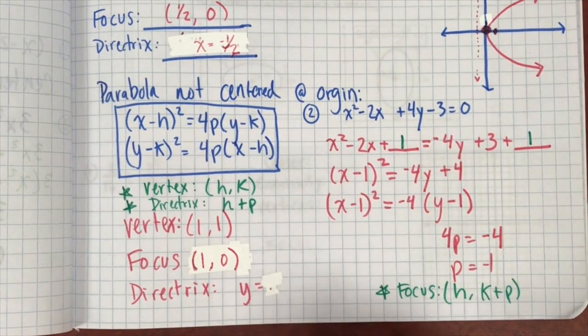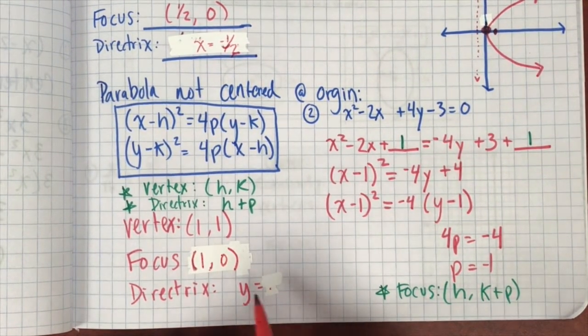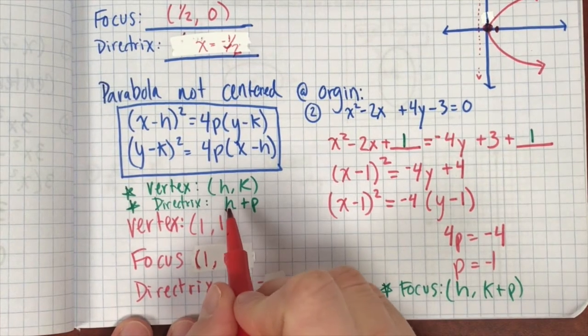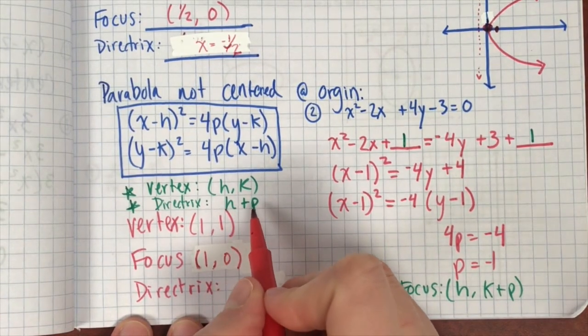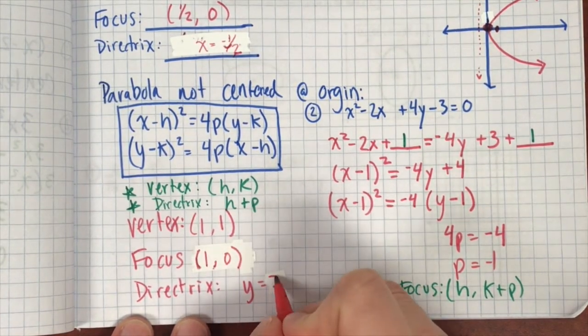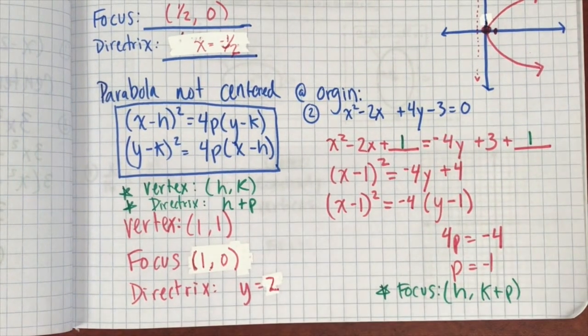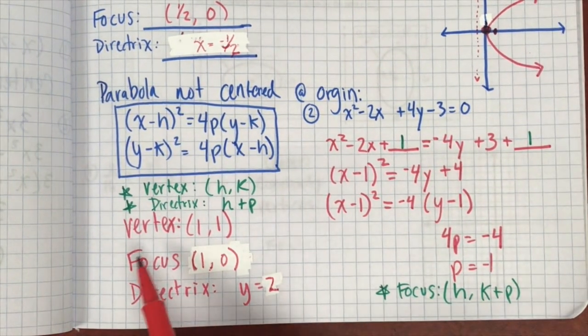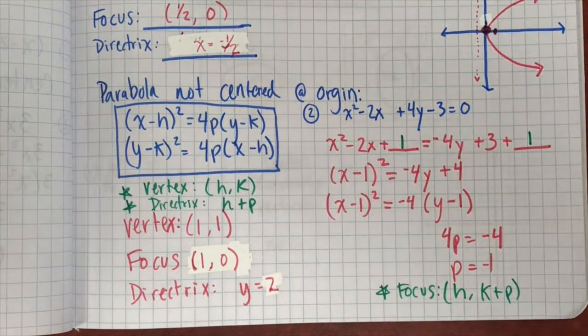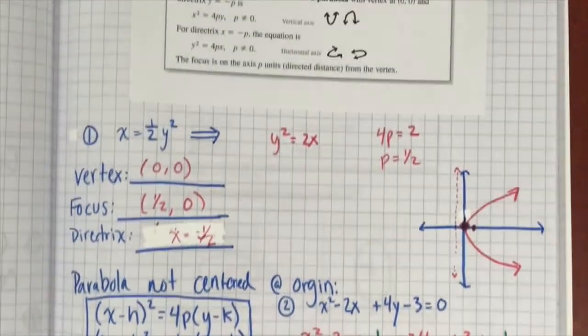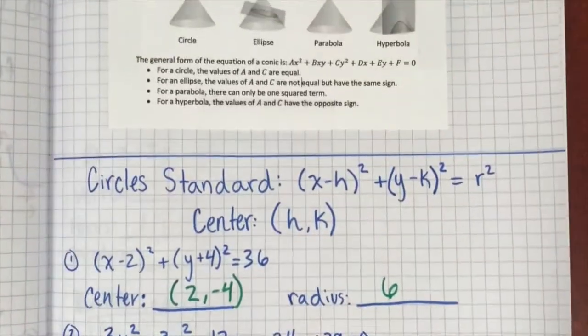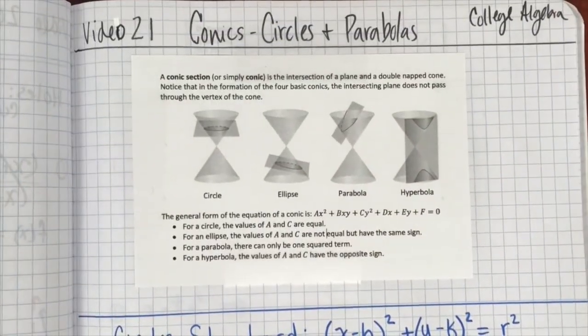Okay, we can also find our directrix this way, which directrix is just our k value plus p. So here we would have y equals 2. So it changes a little bit to find your focus and directrix. You've got a couple more steps, but other than that, it's all the same. So this is parabolas and circles, the first part of our conic sections.